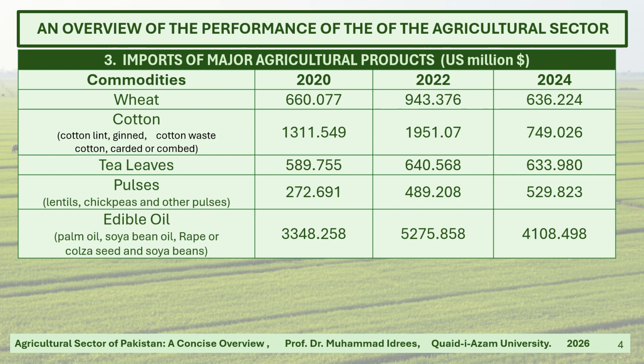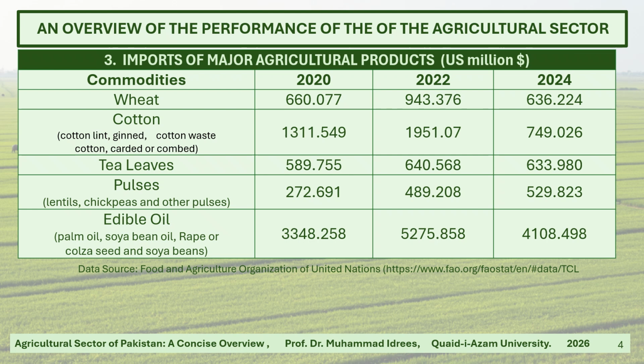In year 2020, wheat worth 660.077 million US dollars was imported. This number increased to 943.376 in 2022 and decreased to 636.24 in year 2024.